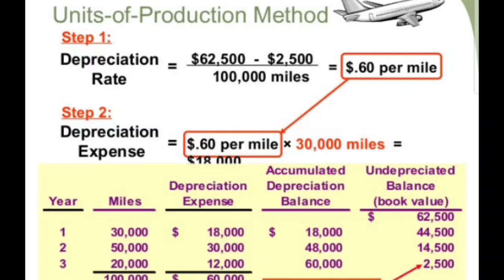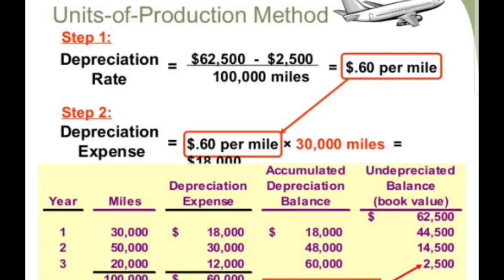$18,000. Then coming to the next year, it produced 50,000 miles. Now 50,000 into 0.60 will be 30,000. Now coming to year 3, 20,000 miles. Now 20,000 multiplied by 0.60 shall be equal to 12,000.